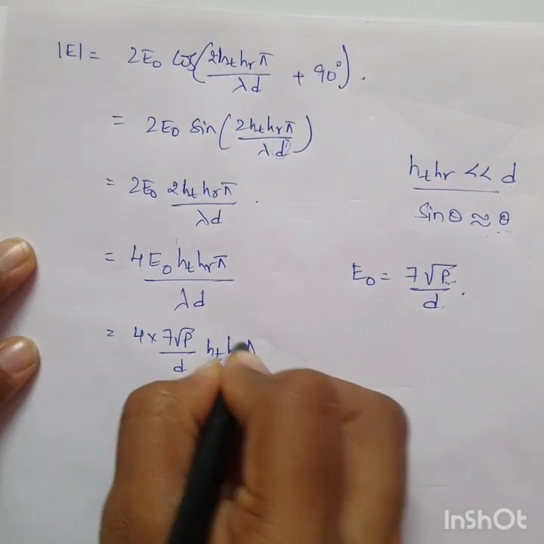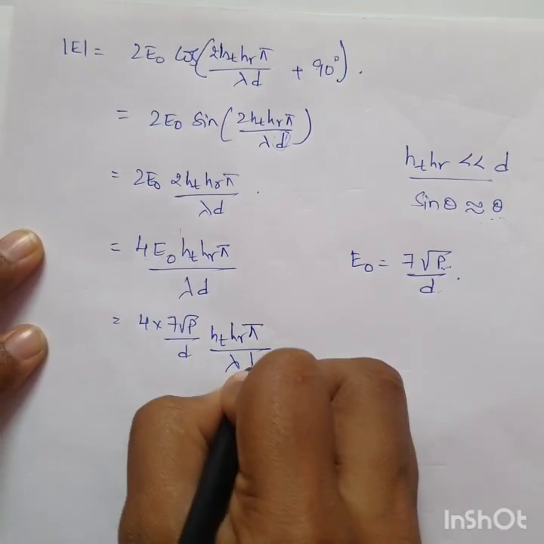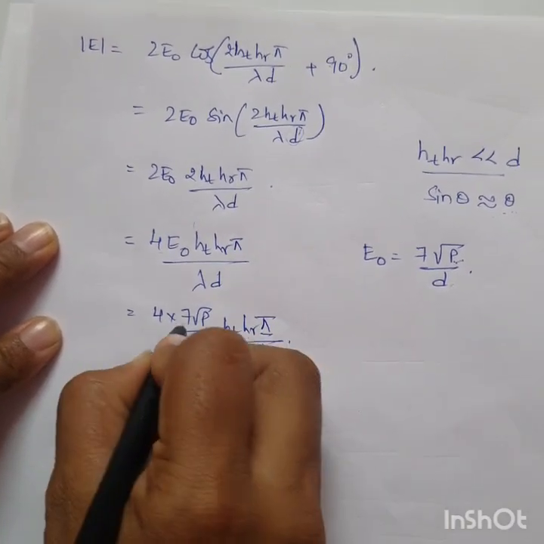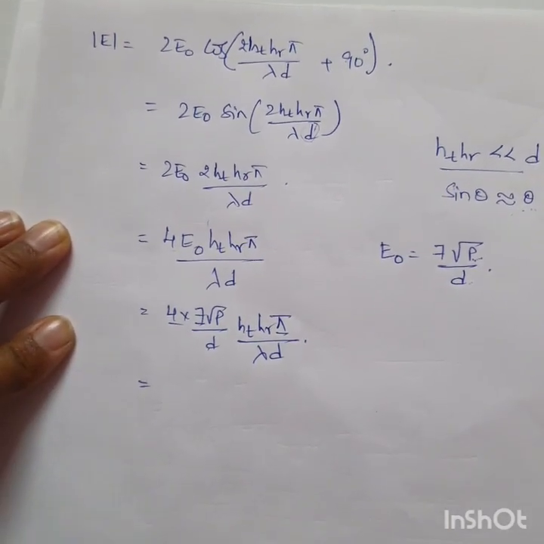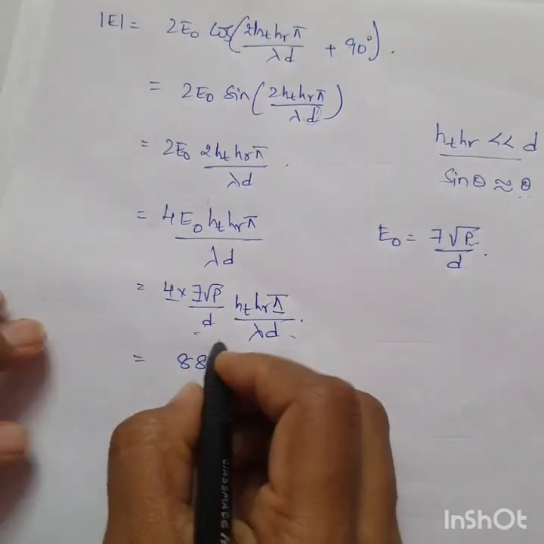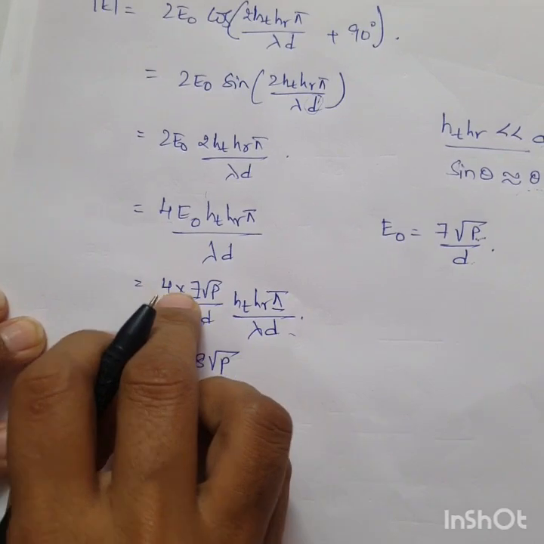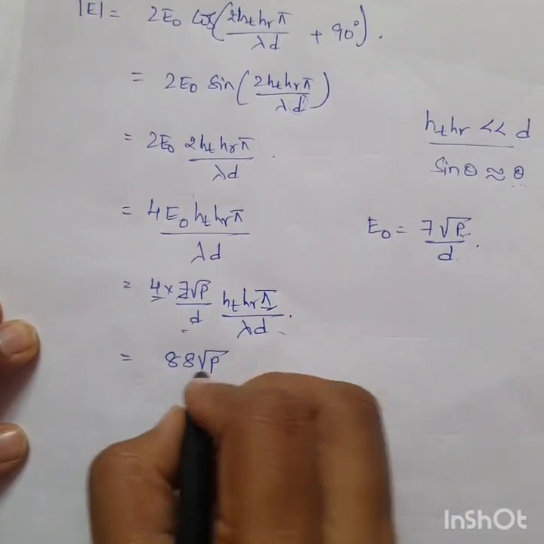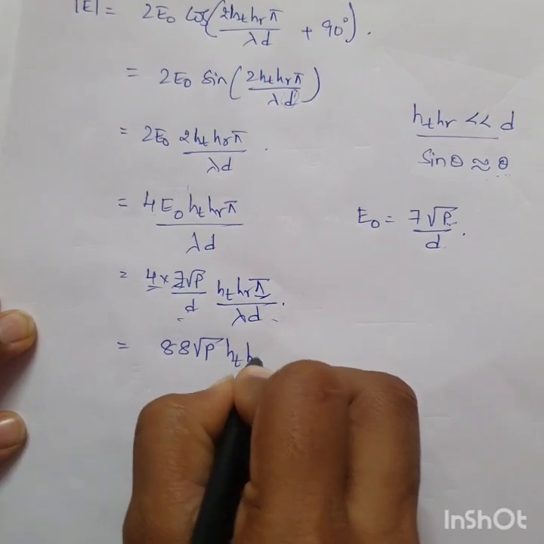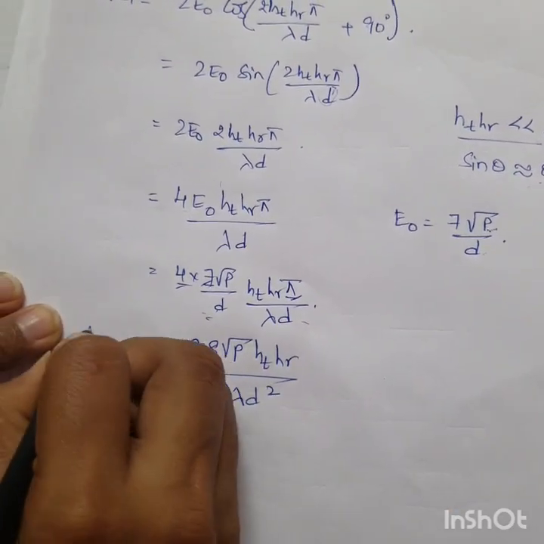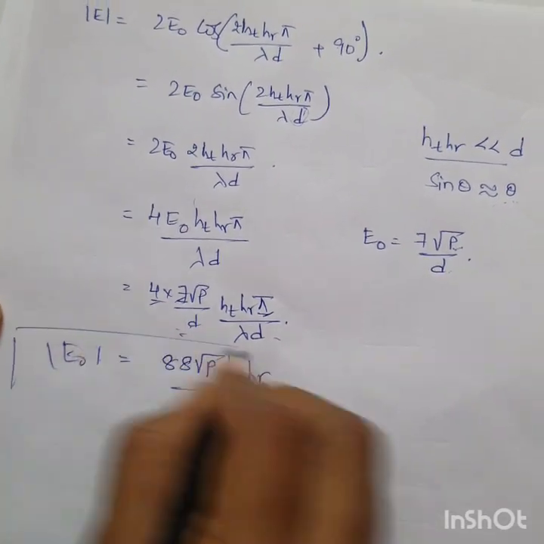If you simplify this, the pi value, 4 sevens, and d square here, you will be getting an expression like this: 88 under root P ht hr by lambda d square. This is the overall expression for the electric field strength.